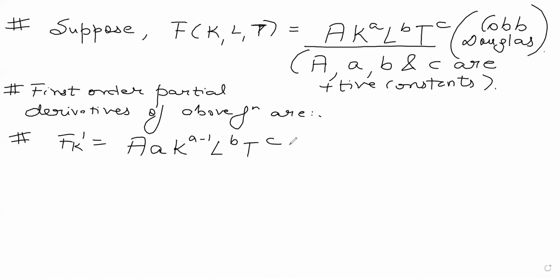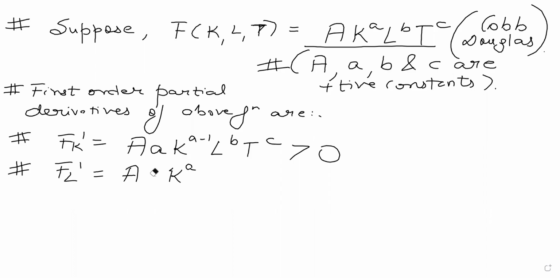You can see that it's all positive because capital A, small a, b and c are all positive constants, and all the inputs k, l and t are anyways positive. If I find out marginal productivity of output with respect to labor, keeping k and t constant, it's A, b, k to the power a.